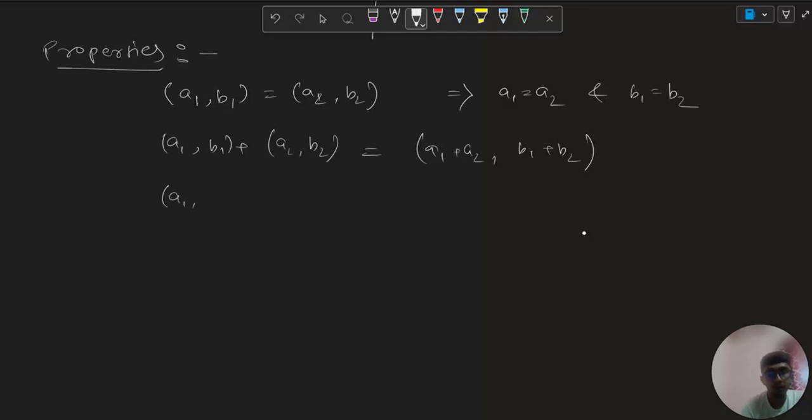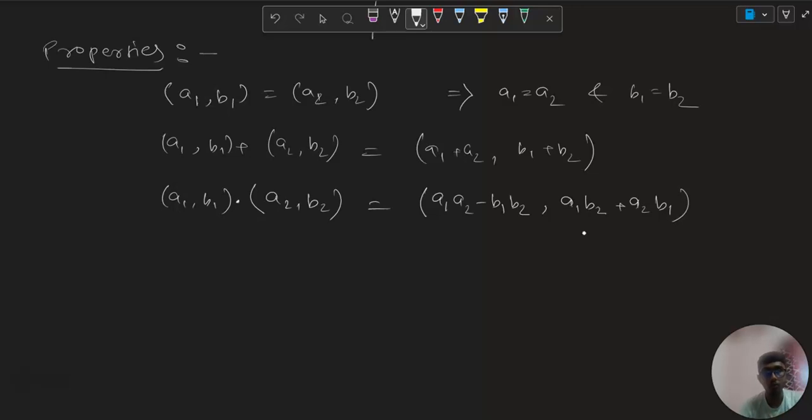This is the most important property of complex numbers. a1 comma b1 dot a2 comma b2 is not the real, component-wise multiplication; this is the complex multiplication. a1 comma b1 dot a2 comma b2 will be equal to a1 a2 minus b1 b2 comma a1 b2 plus a2 b1.